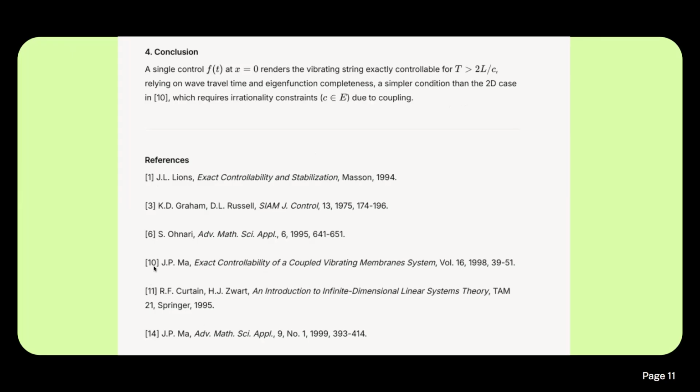Okay, this is the 2D one: exact controllability of a coupled vibrating membrane system. This part I already talked about before, and next time I'm going to talk about the beams. Coupled beams are also very complicated.